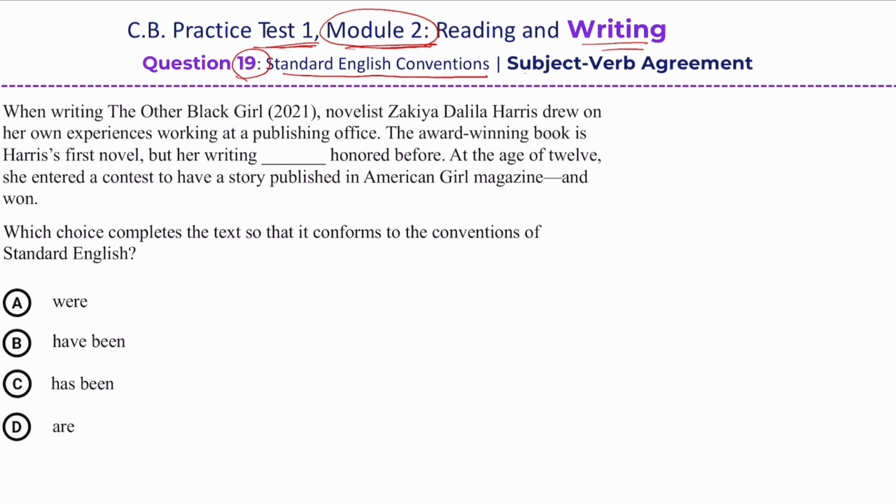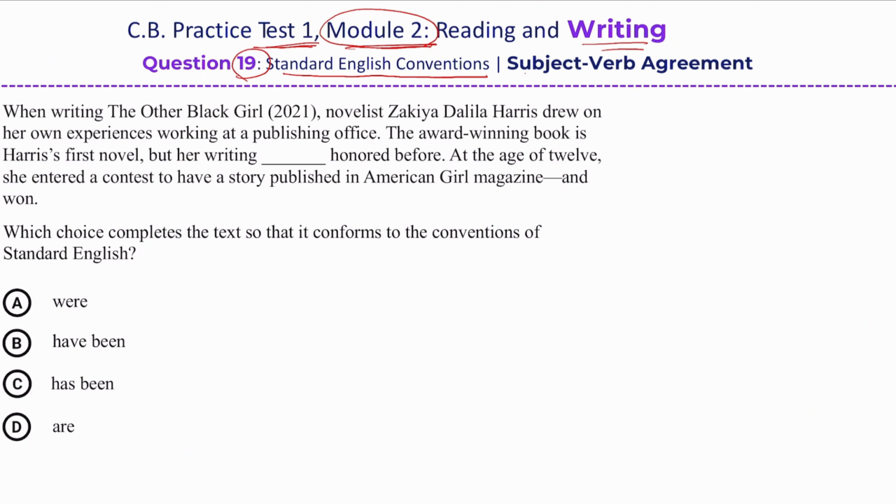Transition questions are where you have answer choices with transition words, like however, furthermore, for example, etc. And rhetorical synthesis questions are the questions at the very end of the module that have the bullet-pointed notes and then the goal the student wants, like the student wants to emphasize the differences between, so on and so forth.